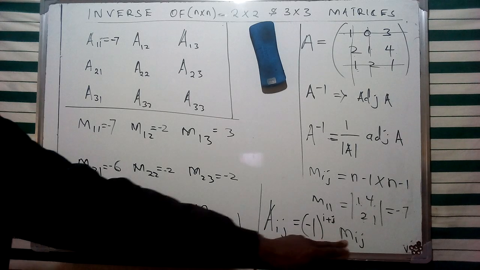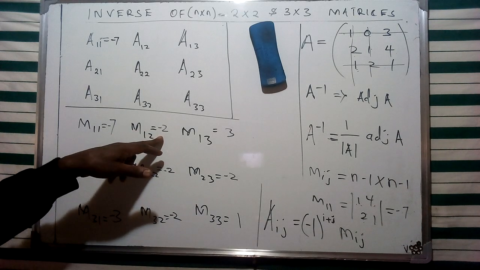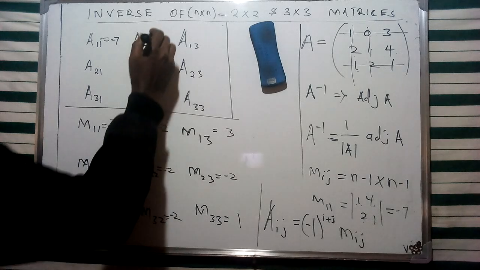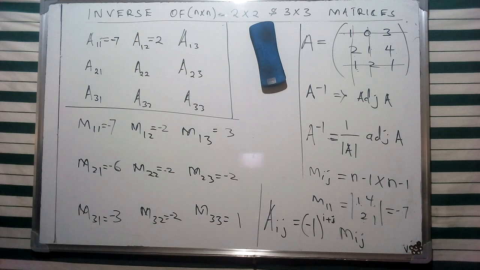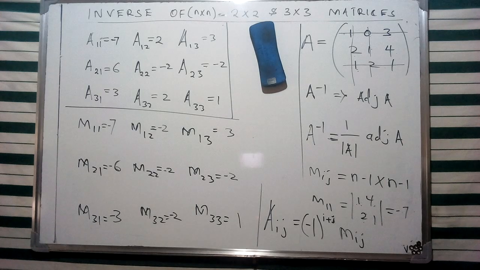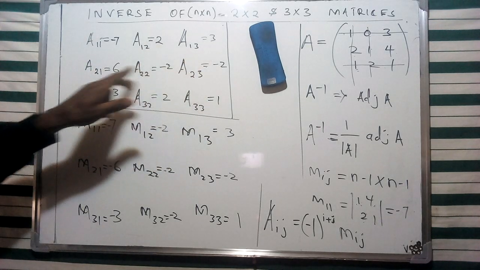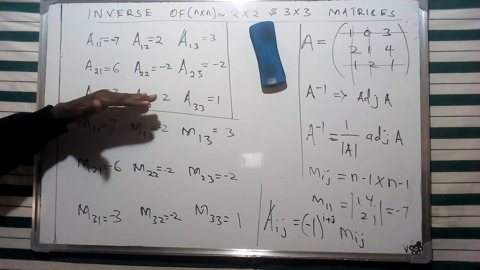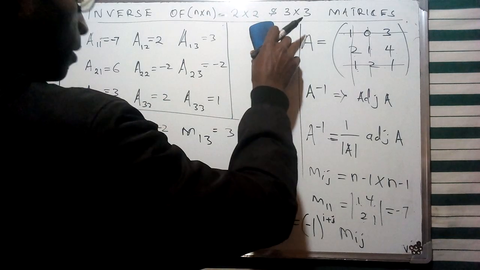So negative 1 times the minor, which is negative 1 times 2, is going to give us a value of positive 2. So we're going to fill in these cofactors until we find the final set of numbers that is going to give us all the values of these respective cofactors. Now, this is going to assist us to find what we refer to as the matrix of the cofactors.